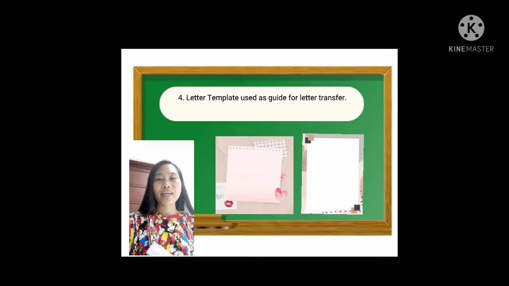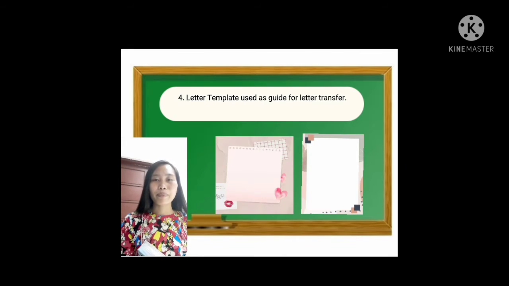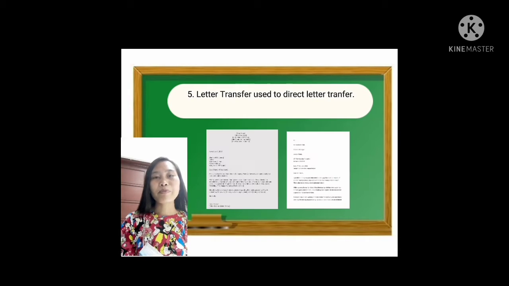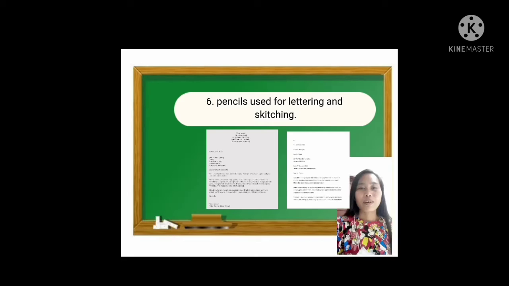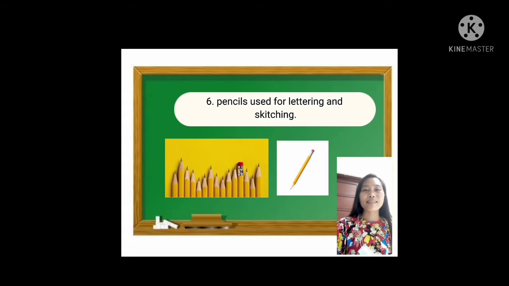And number 4 is letter template. Letter template is used as a guide for letters and transfer. And number 5, letter transfer, used for direct letter transfer. And this is the picture of number 5. Okay, number 6, pencils. Pencils are used for lettering and sketching.